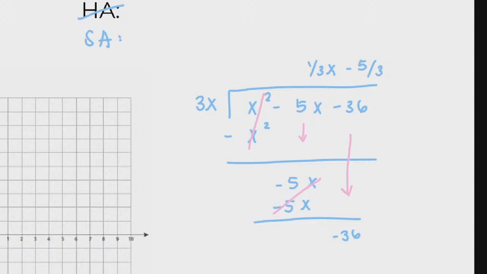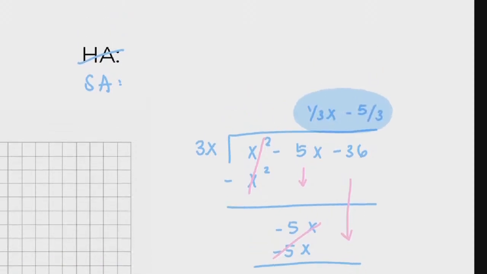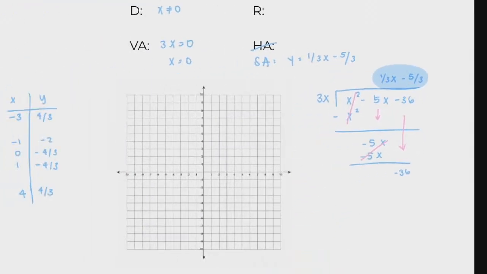So this at the top here is going to be our slant asymptote. It's going to be at y equals 1/3 x minus 5/3. So when I graphed my asymptotes, I have a vertical asymptote here and a slant asymptote at 1/3 x minus 5/3.